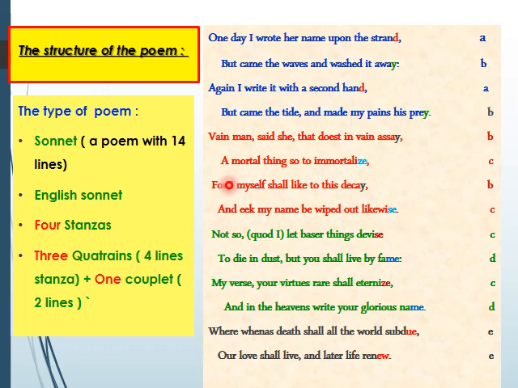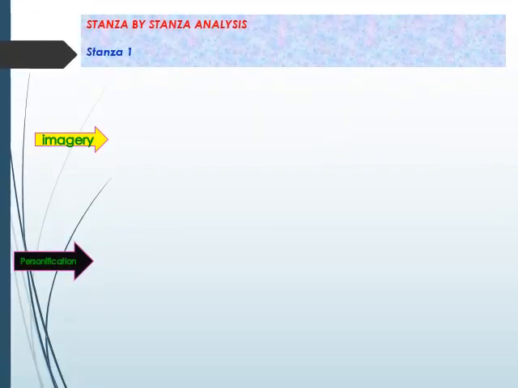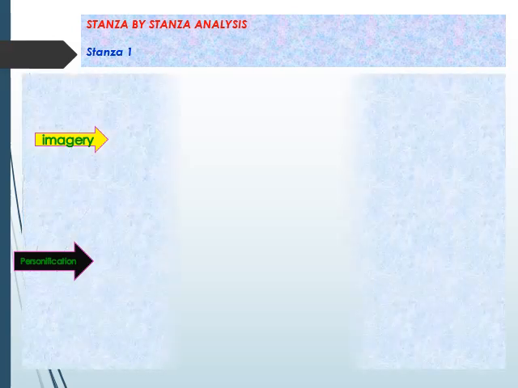Look at this, here 4 and here 4 and here 4 and the couplet, those 2, as we said before. Then let us analyze or explain the poem stanza by stanza.